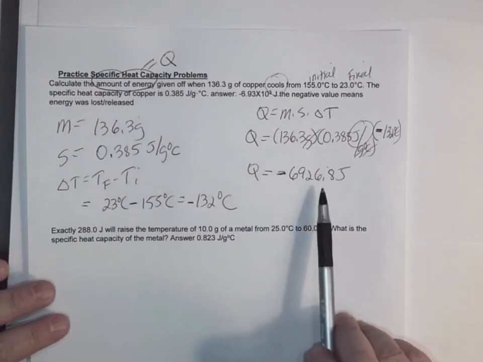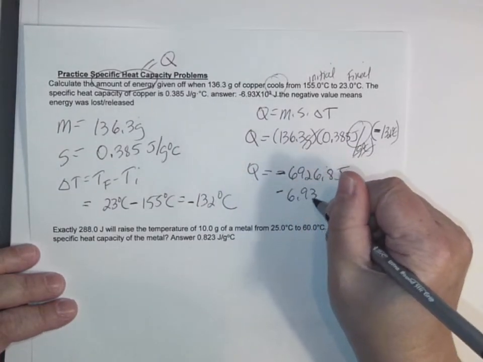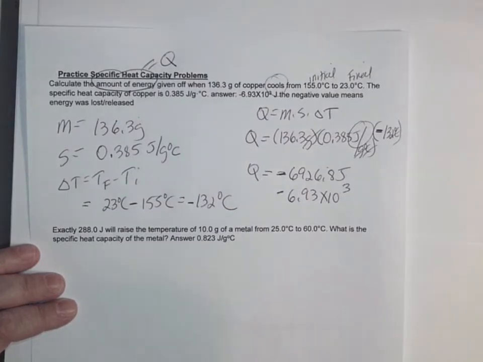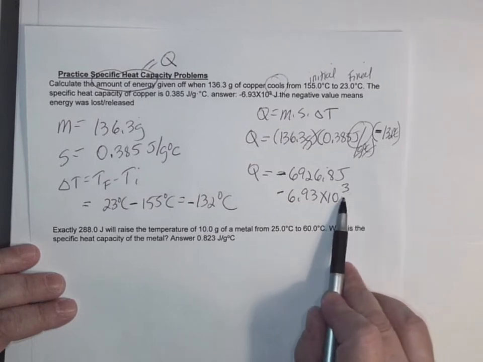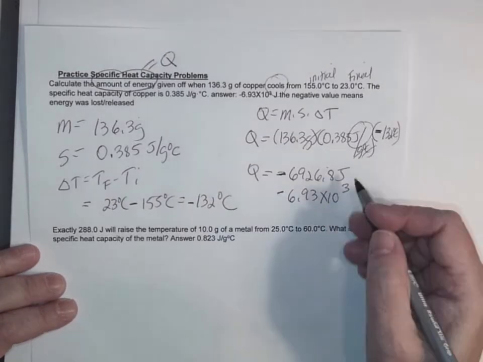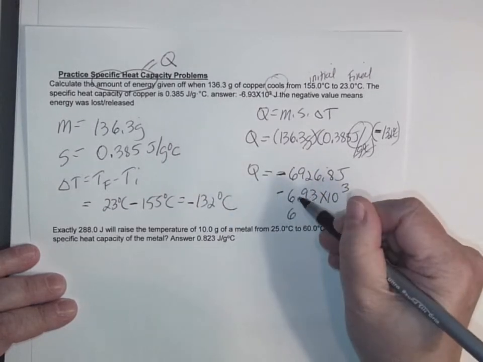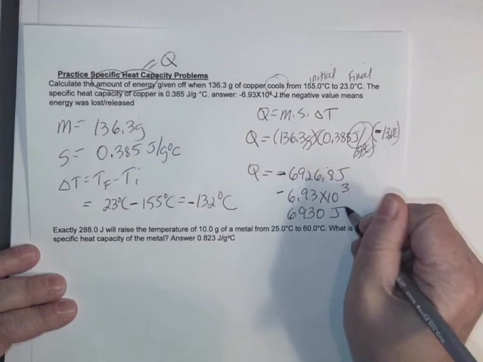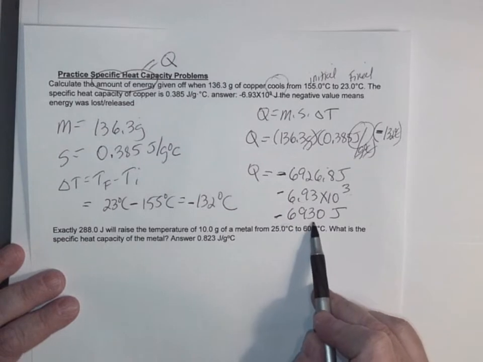All right, so this answer is the same answer as the exponent that they gave to us in scientific notation. So remember, in scientific notation, when it's a positive exponent, it means it's a large number. If I put this to an ordinary number, I'm going to move it 3 places, and it looks like this: negative 6,930.